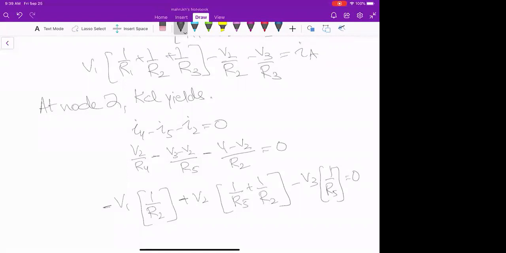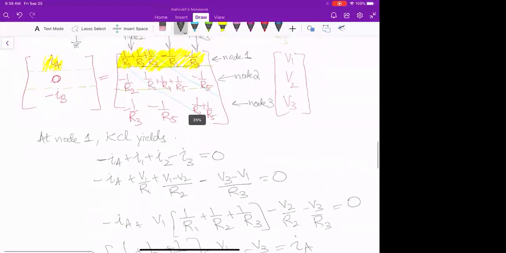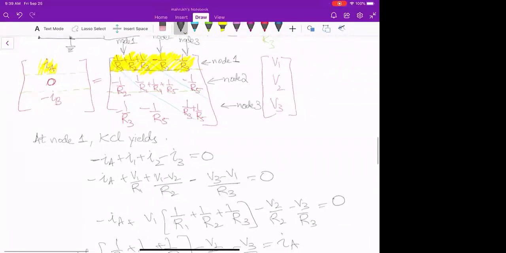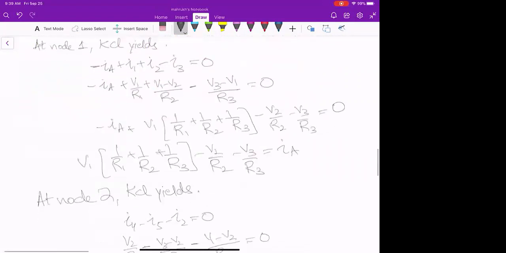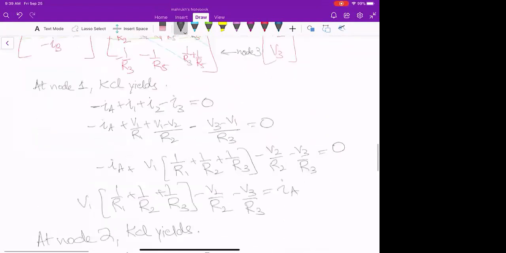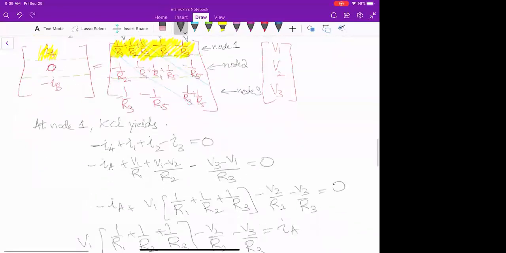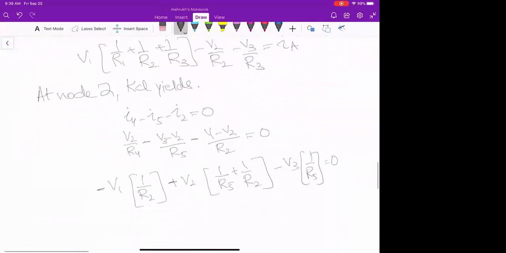So let's compare it with our matrix. Our equation has minus 1 by R2 associated with V1. V2 is 1 over R2 plus R4 plus R5. Okay, I just forgot 1 over R4.